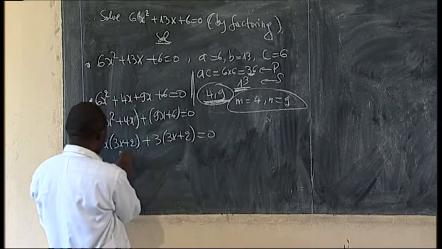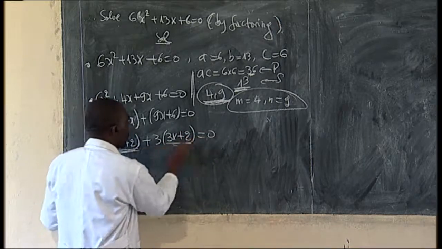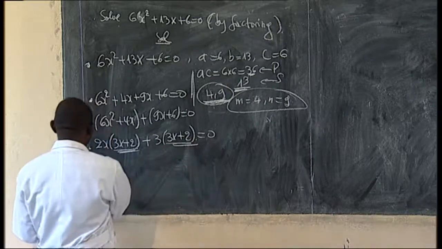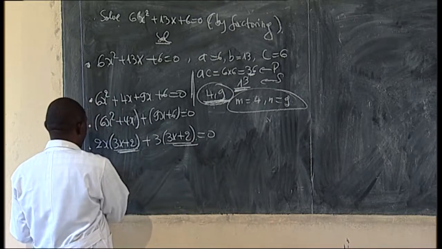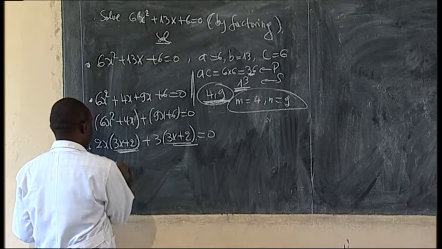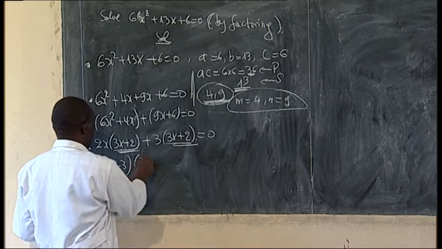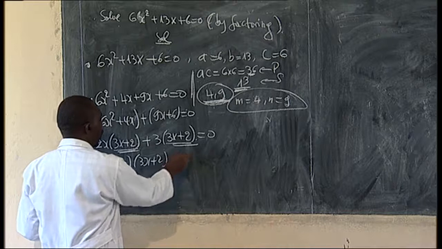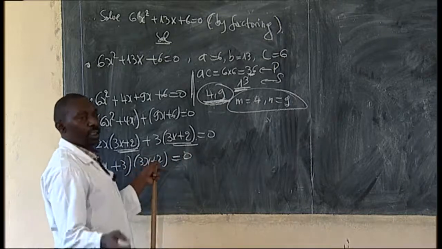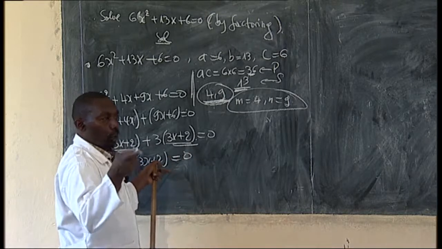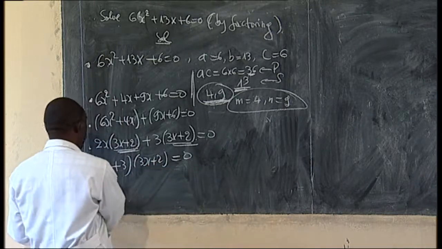Do you see, already I have a common factor? Then I have 2x plus 3 times 3x plus 2 equals 0. This is the zero product property. Then solve each factor.